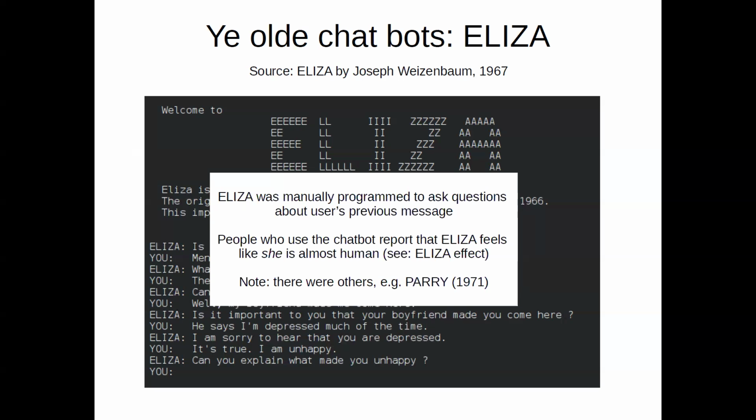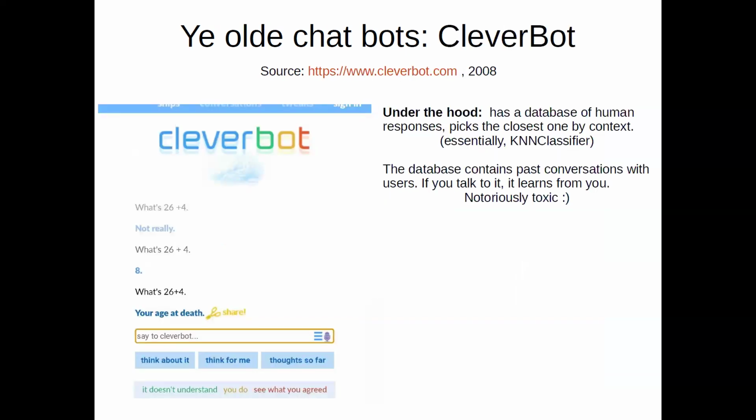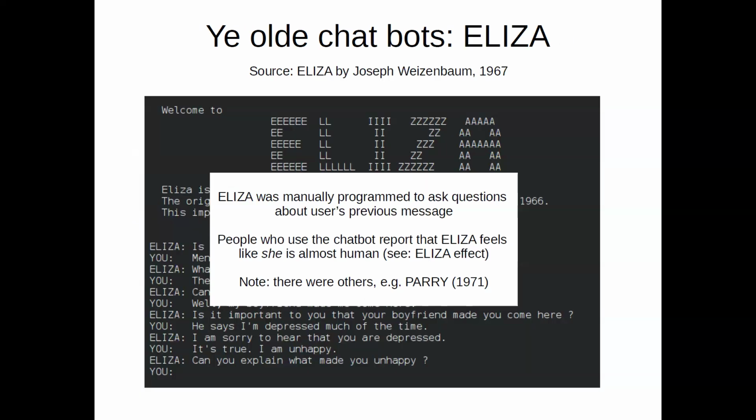And there was a case when a person who tested this model asked another person to leave them alone with a computer to talk about their problems. Then there were other models like Perry, also for schizophrenic dialogue conversation.